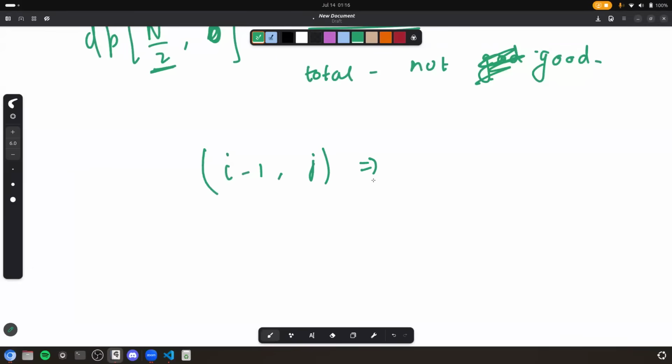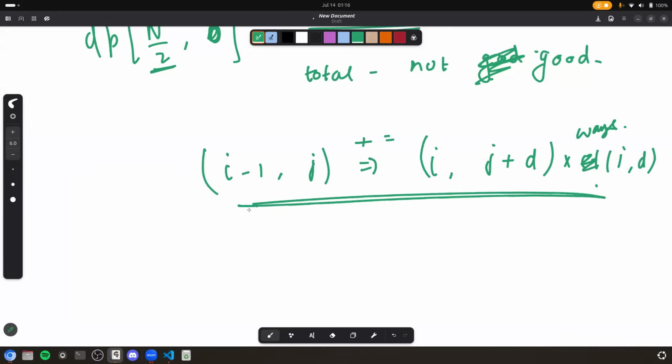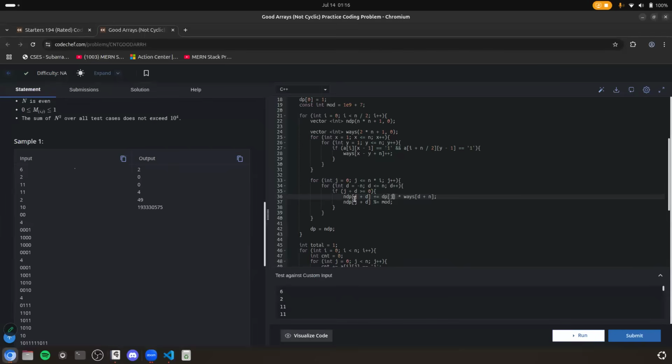From here we can go to i comma j plus d into count of i comma d ways, plus equal to. So this is our transition, just like I explained. And we just do mod and dp equal to ndp, so that I'll use less memory.